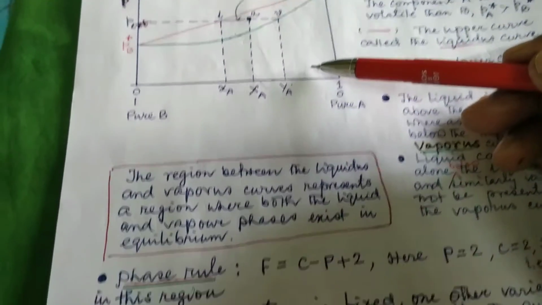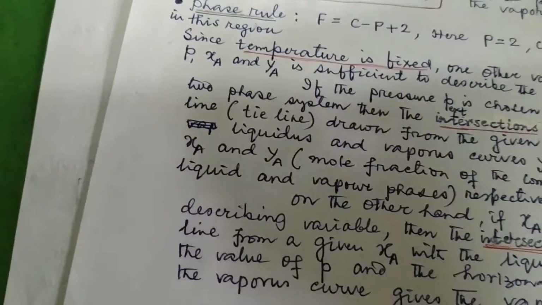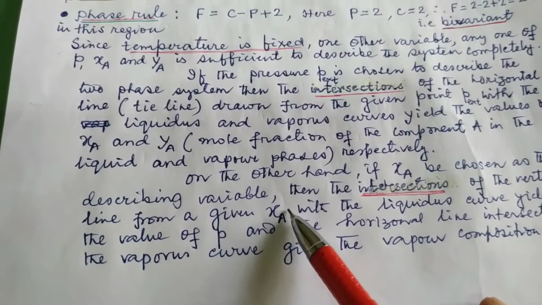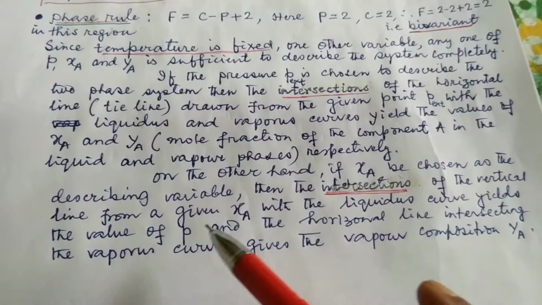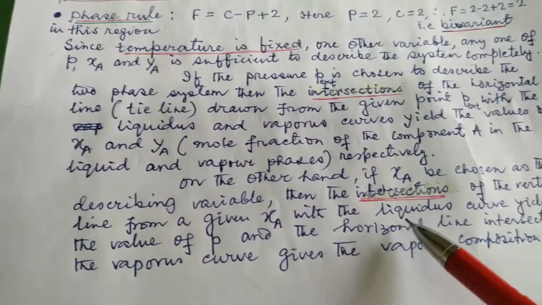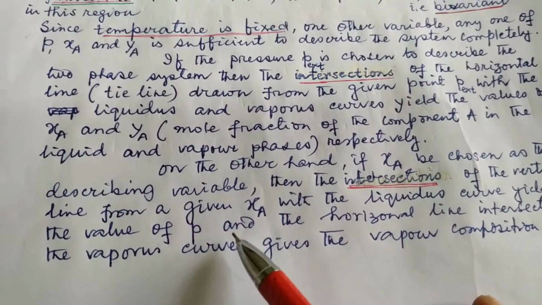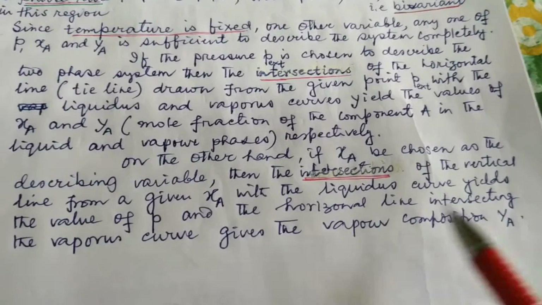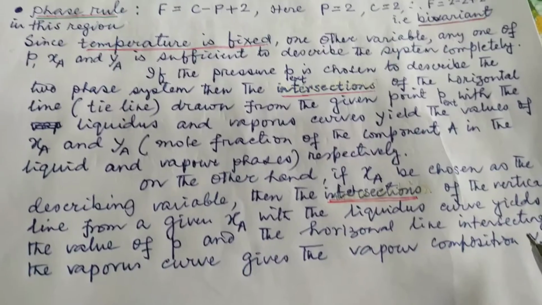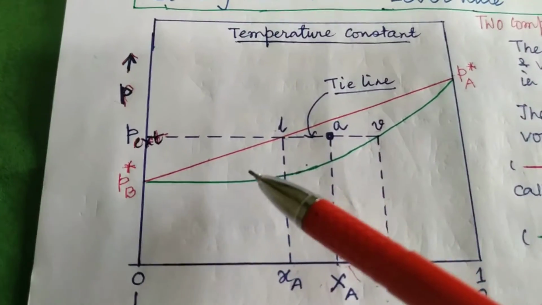On the other hand, if Xa is chosen as the describing variable, then the intersection of the vertical line from a given Xa with the liquidus curve yields the value of P, and the horizontal line intersecting the vaporous curve gives the vapor composition Ya.